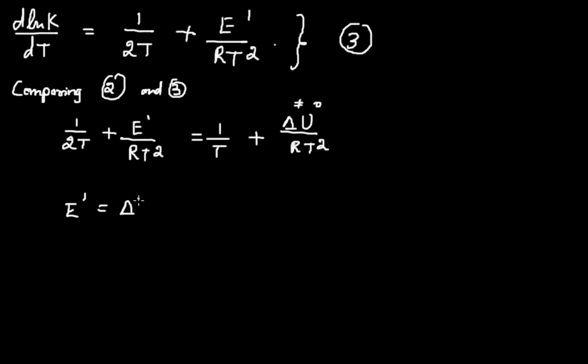E dash equals delta U plus half RT, and your delta U is equal to delta E naught minus half RT.